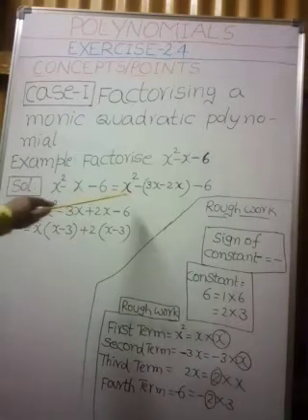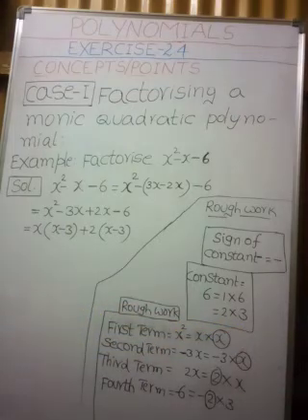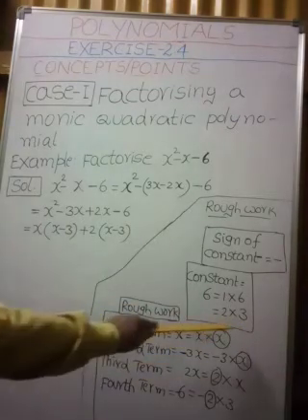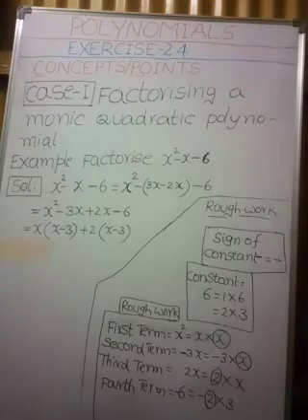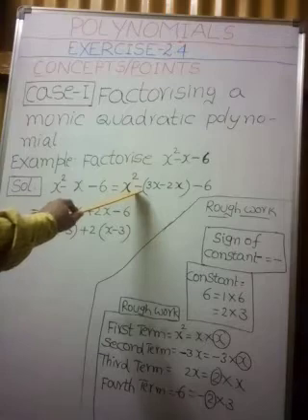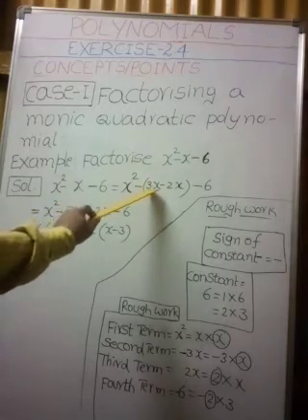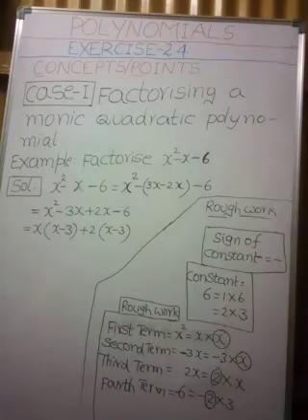Now we are splitting. After finding out which is suitable, we have identified that these two factors are suitable to split the middle term. Understood this point, my dear children? Right. So x square minus, I kept the minus sign as it is, big number minus small number, 3x minus 2x. Understood, my dear children?